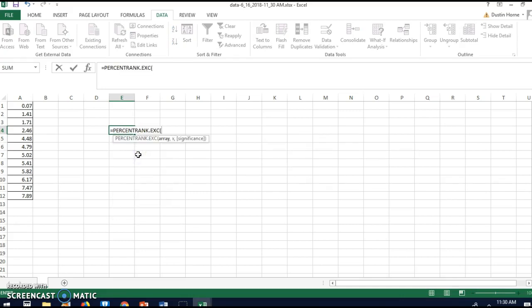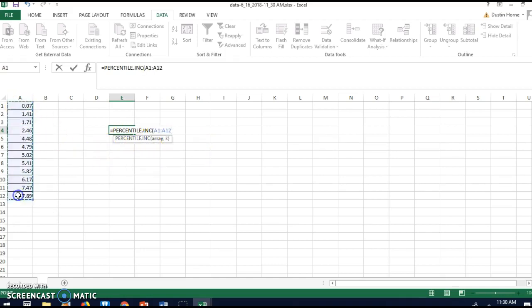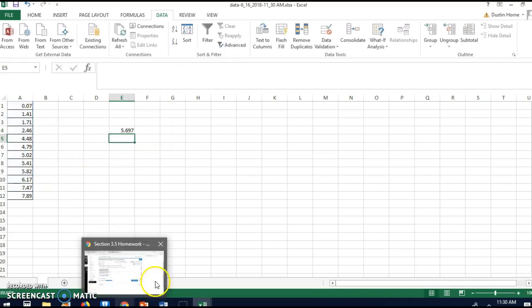Percentile. Let's try another one. Let's do the array. And let's just try 0.7 and see what it brings back and see if that's right.